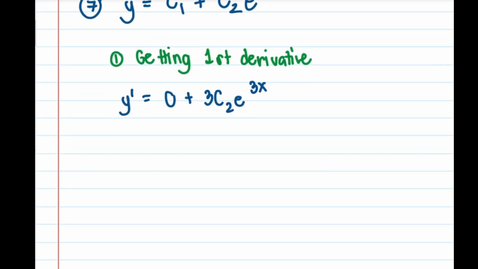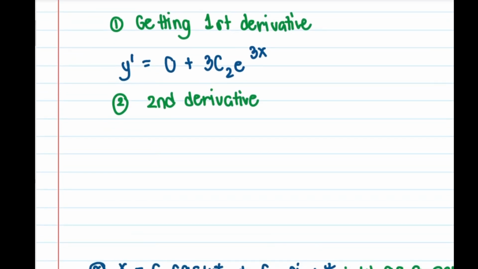Then next we will have the second derivative. So what will be the second derivative of this equation? So that one will be y double prime is equivalent to 9c2 e raised to 3x. Okay?